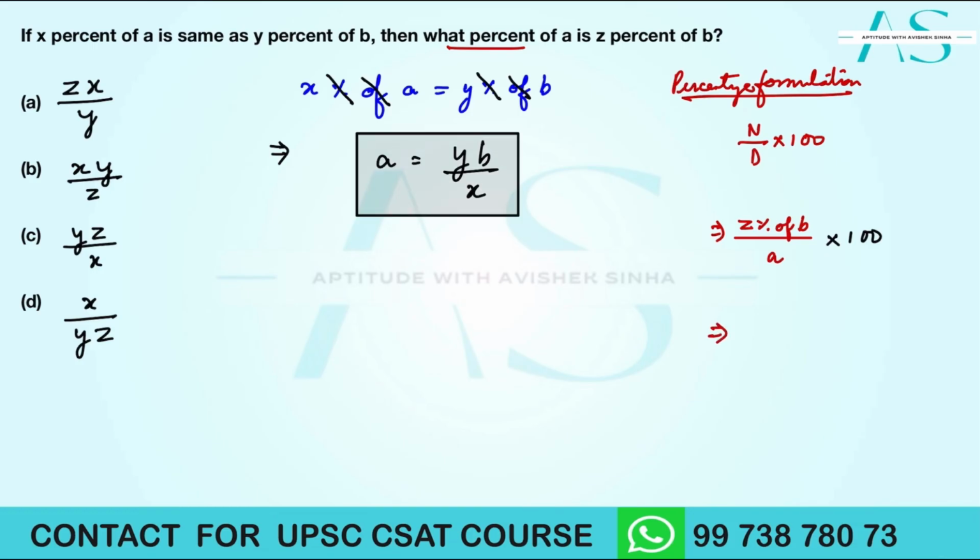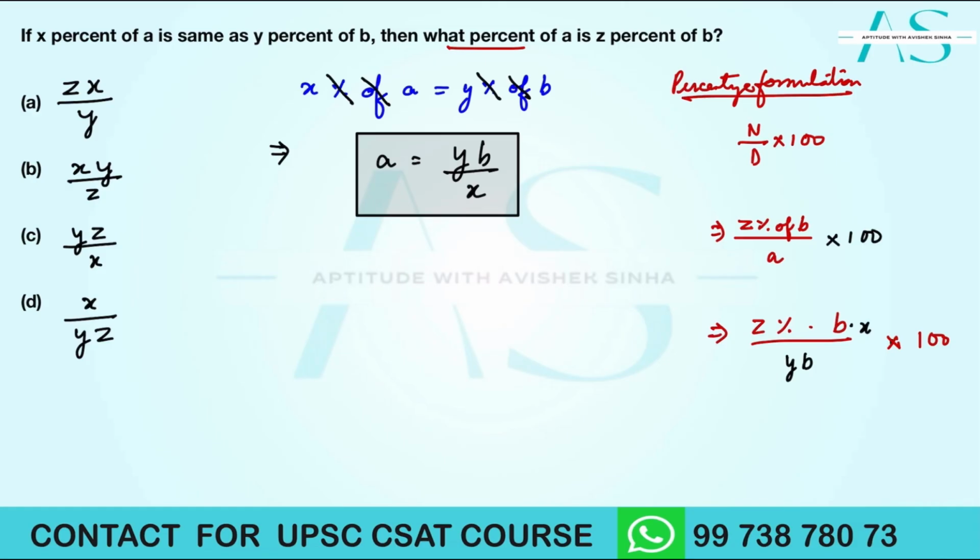So this is Z% of B. Of का मतलब होता है into, so I'm replacing of with into. A के प्लेस पे मैं लिख रहा हूँ YB upon X, so X is at the top. Now, into 100.